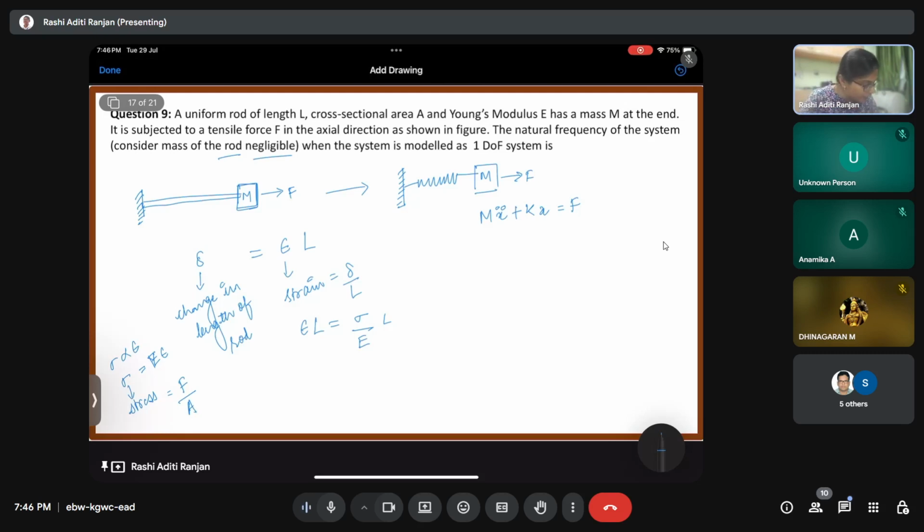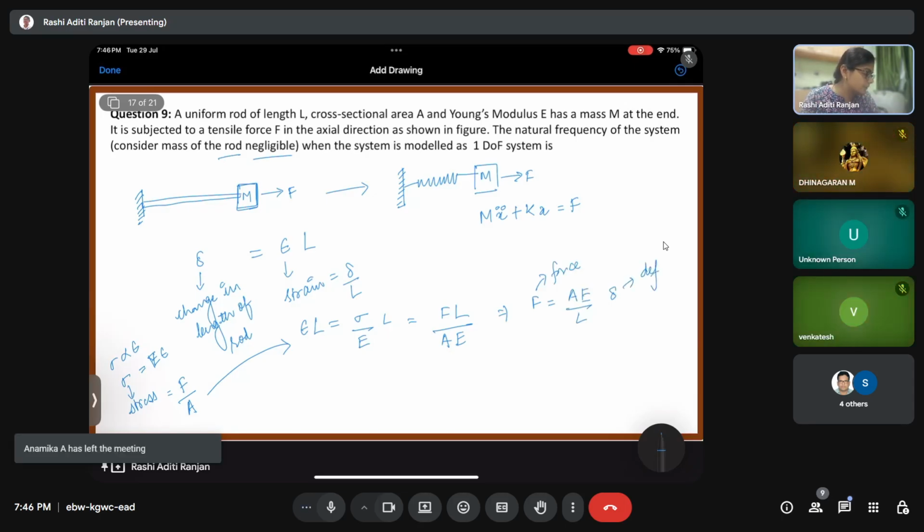If I put it over here, I get this as force into L by A into E. So from here we get the relation F is equal to A E by L into delta, force and deformation.